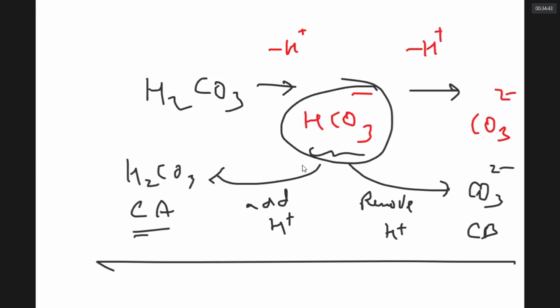If you are getting a conjugate base, it means the fellow is losing H plus, so it is acting like an acid. If you are getting a conjugate acid, it means this fellow is gaining H plus, so it is acting like a base. So some materials can behave both ways, as acid as well as base.